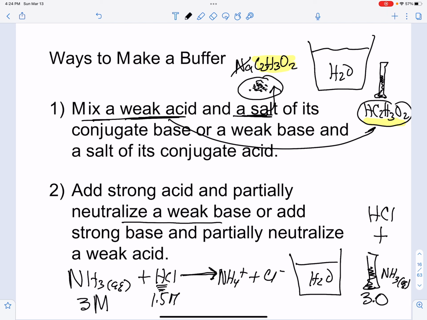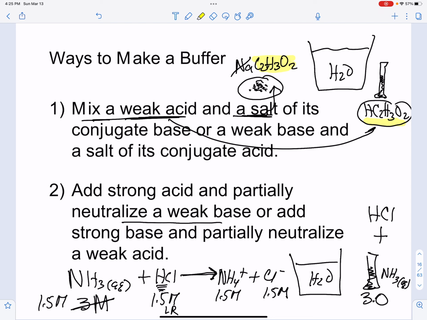Based on what you learned in Chem 1411 about stoichiometry, when all that is done, you're going to have 1.5 molar of this and 1.5 molar of this, because this is your limiting reactant and it's all 1:1, which means your excess reactant, 1.5, is going to get consumed and you're going to have 1.5 molar left.